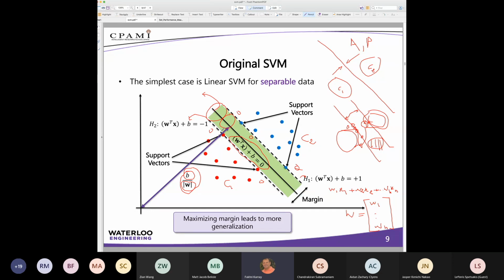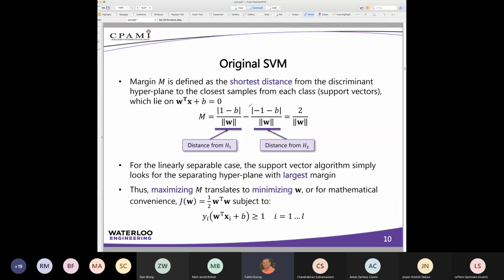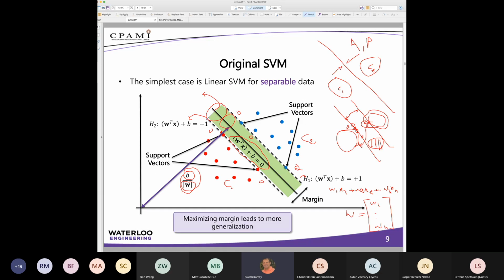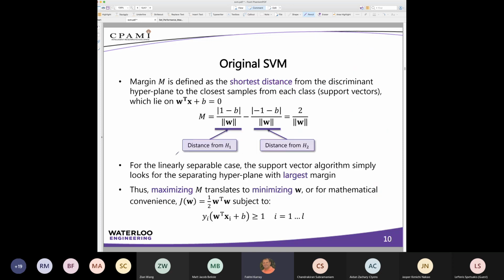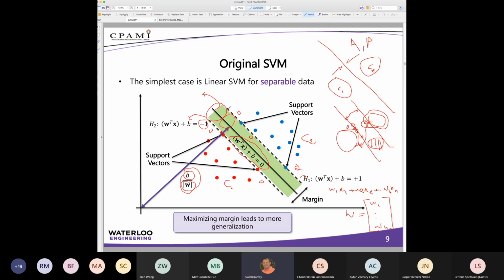If we move to this location here, we are going to have minus 1 minus b. Why minus 1 minus b? Because of this element, it's no longer equal to 0. It's equal to minus 1, the value here for this H2. So that margin is equal to this distance, given by this element minus this element, and it gives us the whole margin.